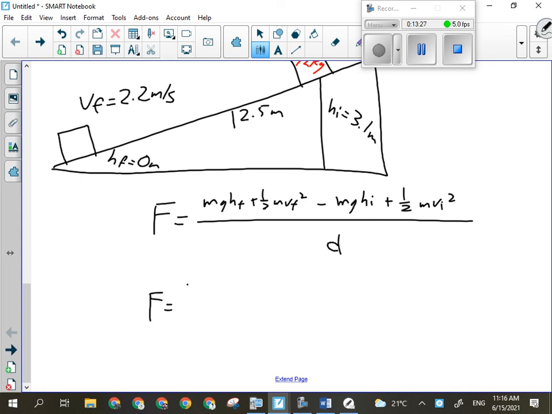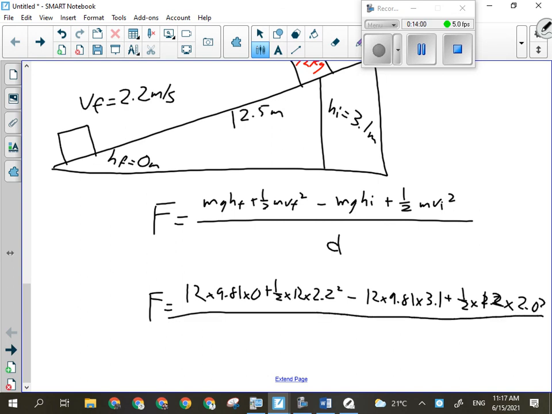So that's going to be 12 times 9.81 times 0, which I didn't need to bother writing, but I did anyway. Okay, plus 1/2 times 12 times 2.2 squared minus 12 times 9.81 times 3.1 plus 1/2 times 12 times 2.0 squared.